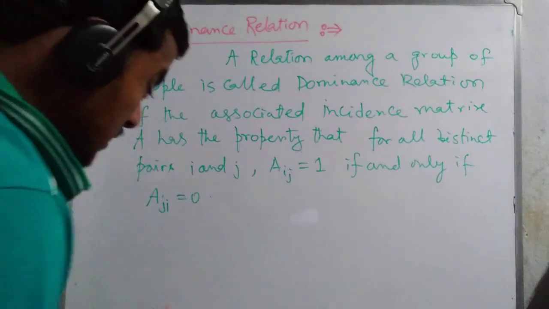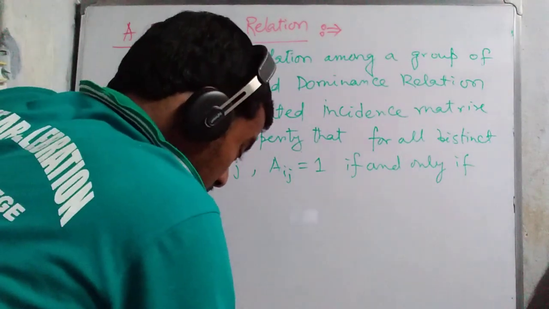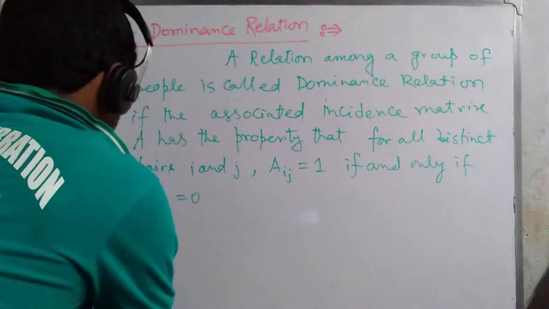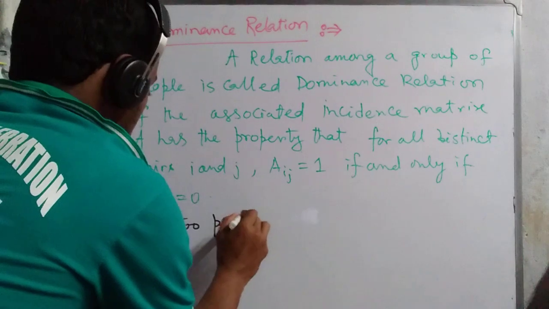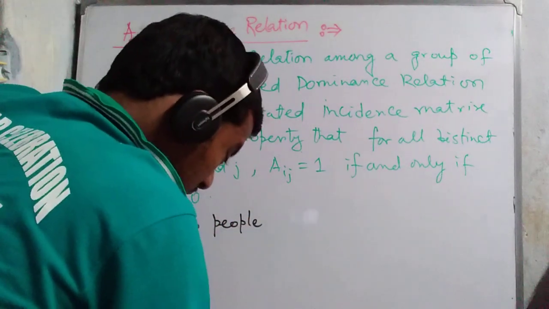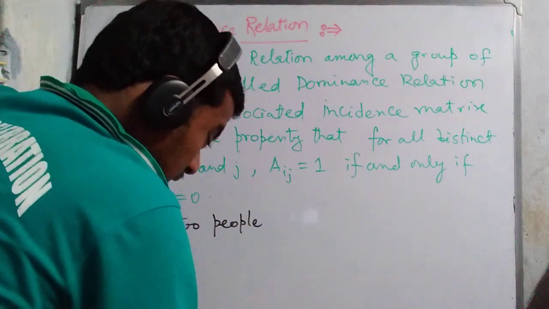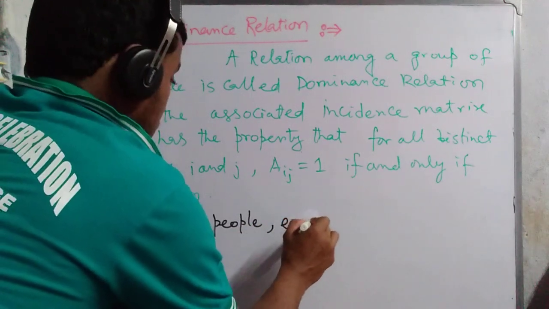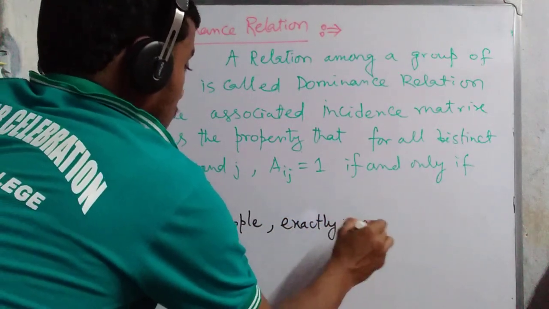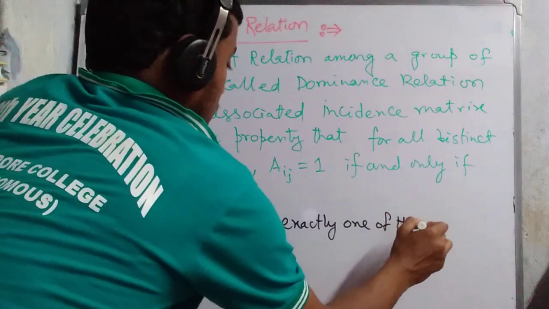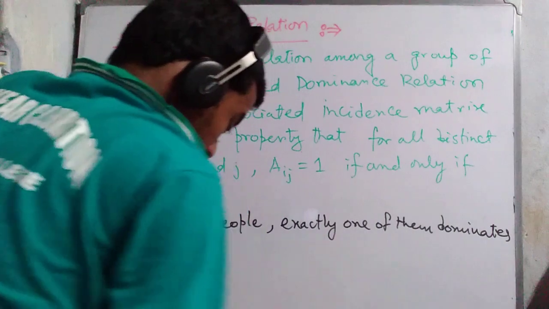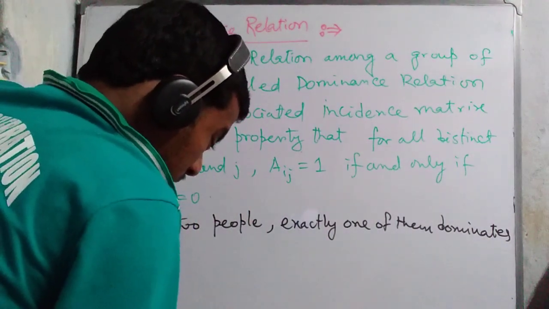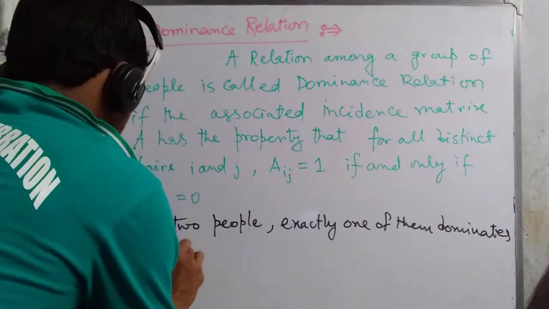That means in any two people, exactly one of them dominates the other.